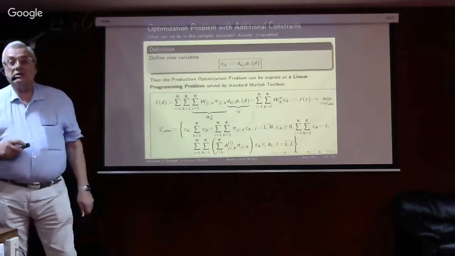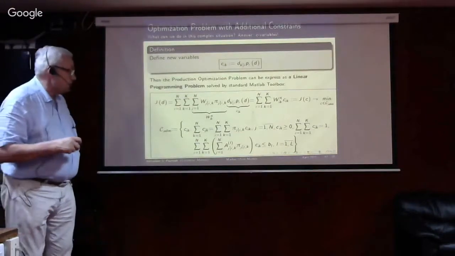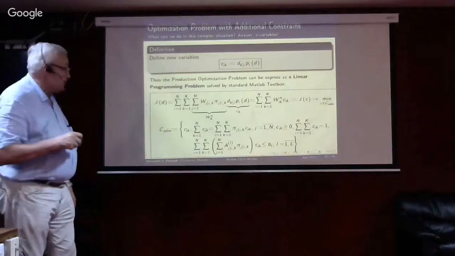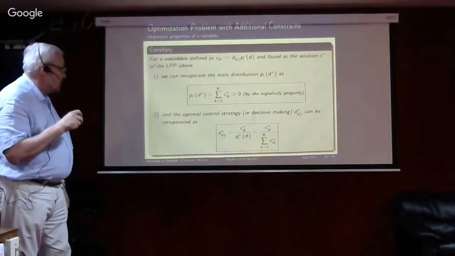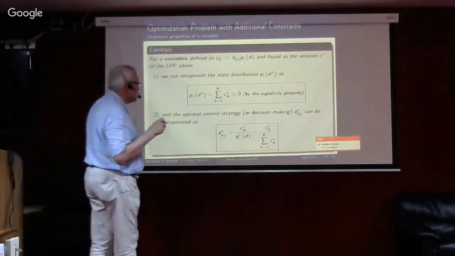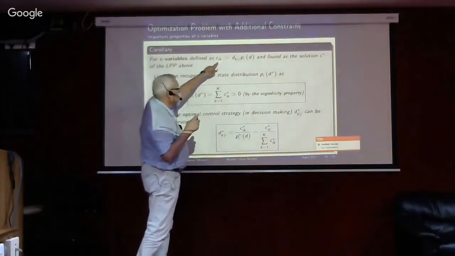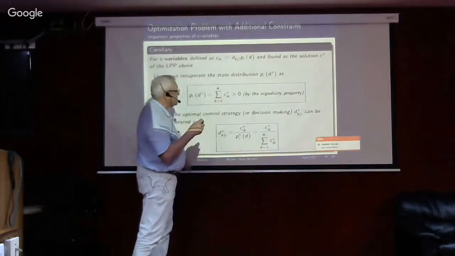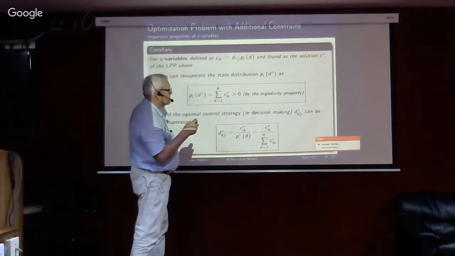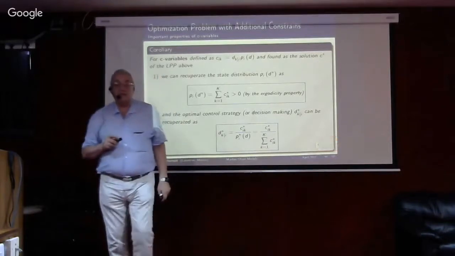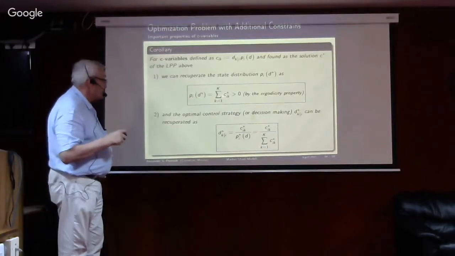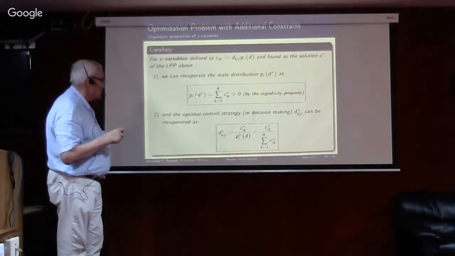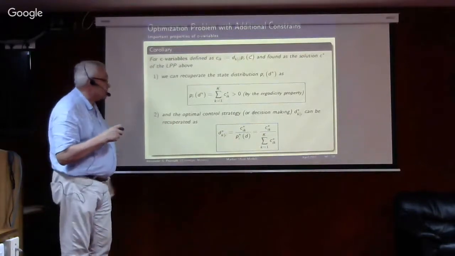Using MATLAB with linear programming we can solve for C. But what after? Look, our C is a product. But you can see that if we make a summation with respect to the second index K, this does not depend on K. If you sum over K, the summation of all strategies is 1. So if I make the summation of C, I obligatorily obtain P. And if I obtain P, what is my strategy D, which I finally should apply?